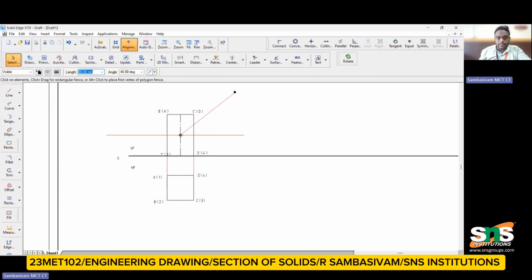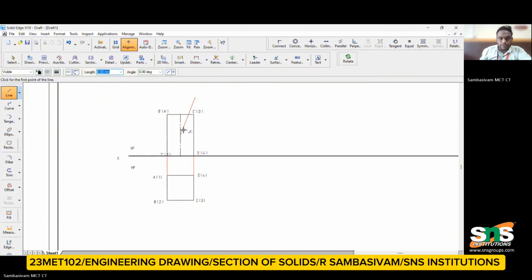Similarly, I am going to drag this line for 40 degrees. This is how the cutting plane has to be done. The cutting plane has to be represented by dashed lines. So the cutting plane has been drawn. If the cutting plane passes through the midpoint at an angle of 70 degrees, it will be cutting like this.